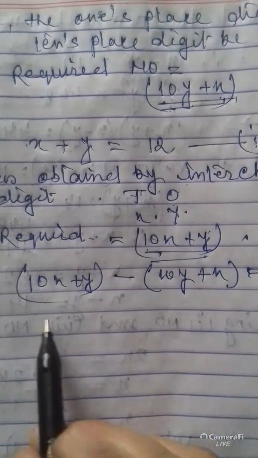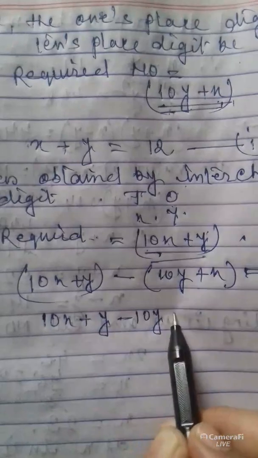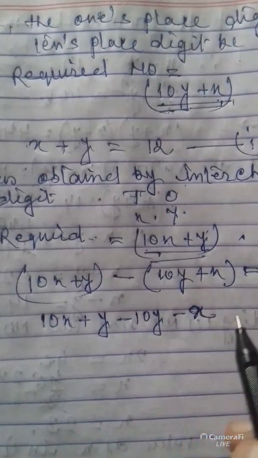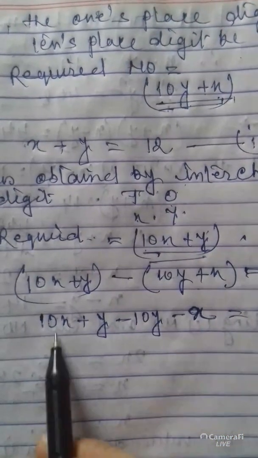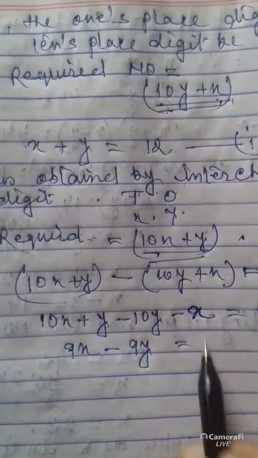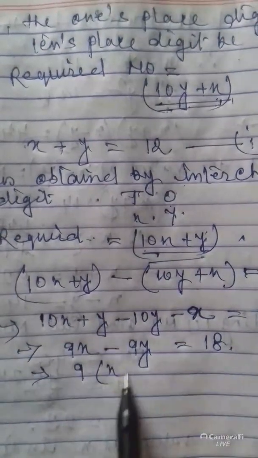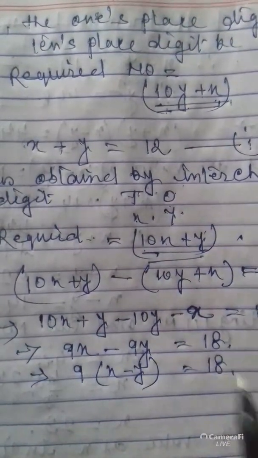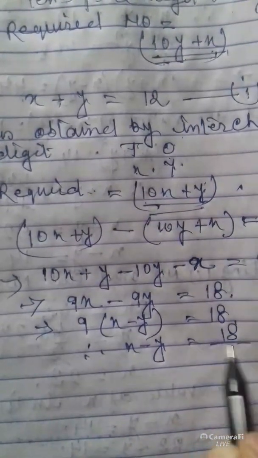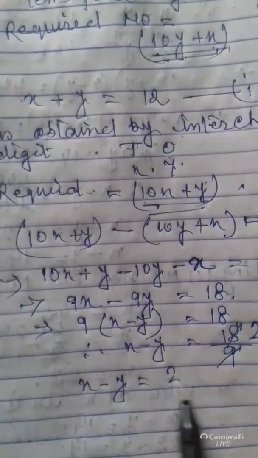We can simplify the second number equation. 10x plus y minus 10y minus x equal to 18. 10x minus x, 9x minus 9y equal to 18. 9 common, x minus y equal to 18 by 9, which means x minus y equal to 2.